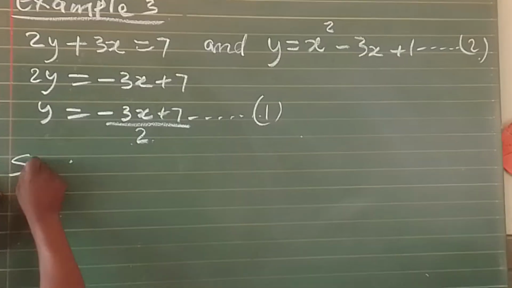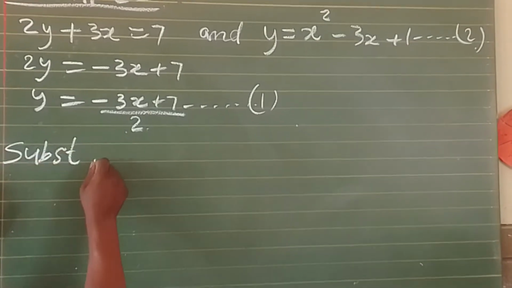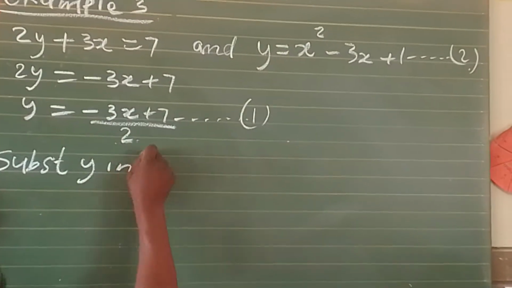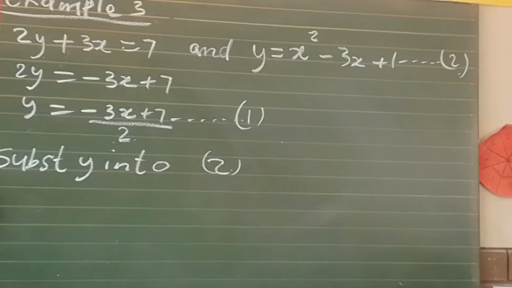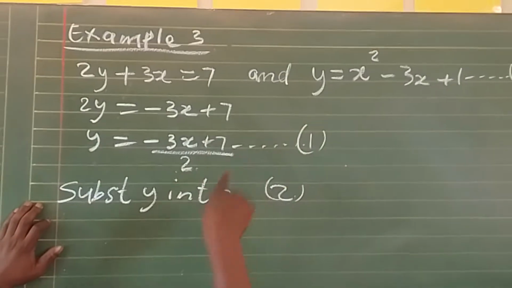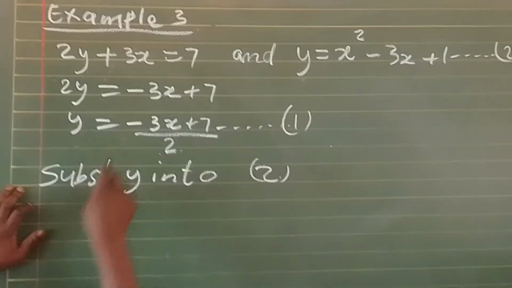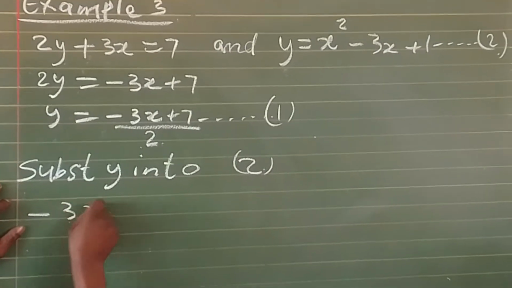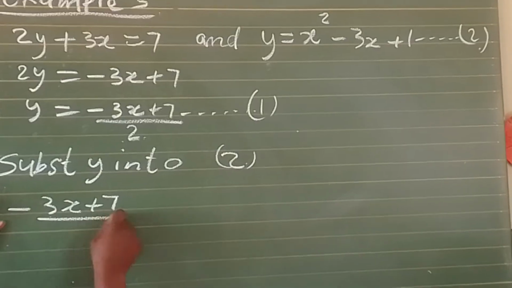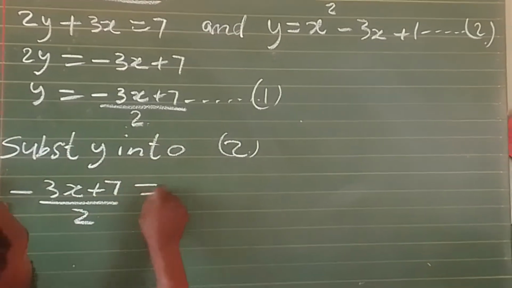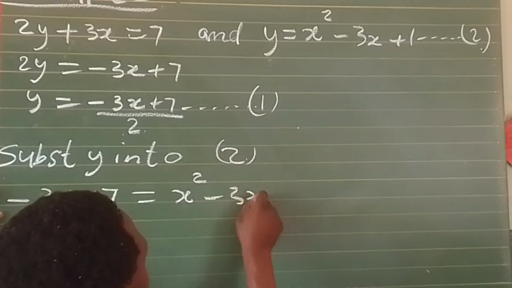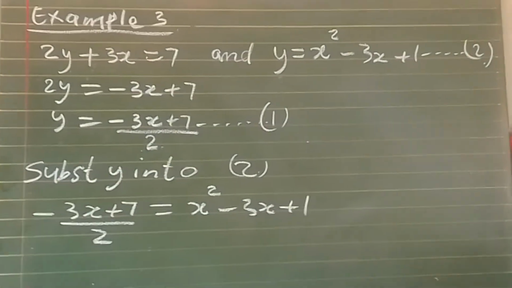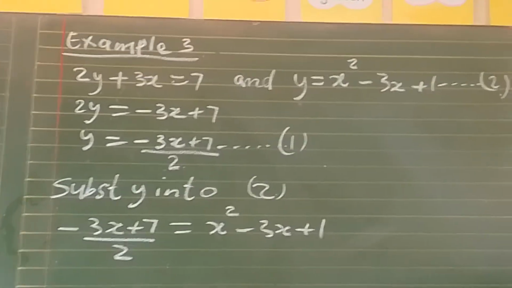You tell the marker: substitute y into equation 2. You grab your y, so you take your minus 3x plus 7 over 2 is equal to x squared minus 3x plus 1. That is your equation 2.